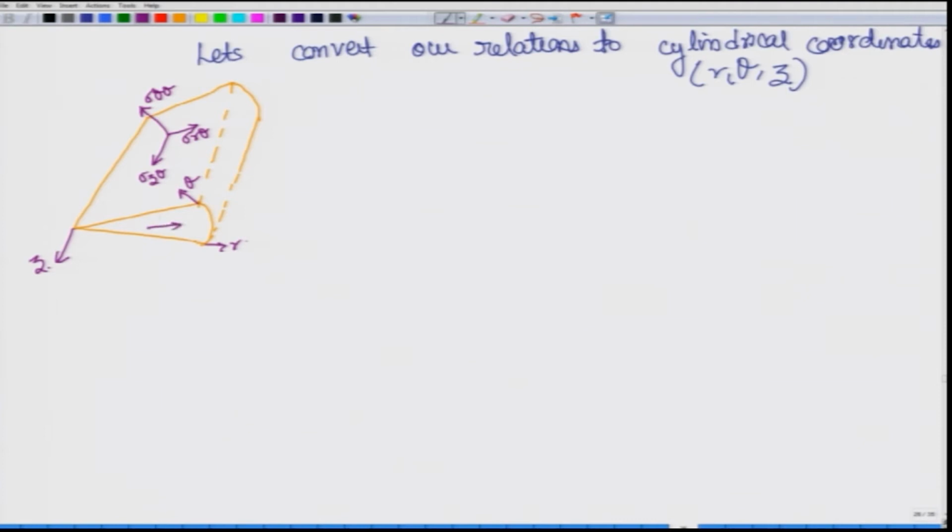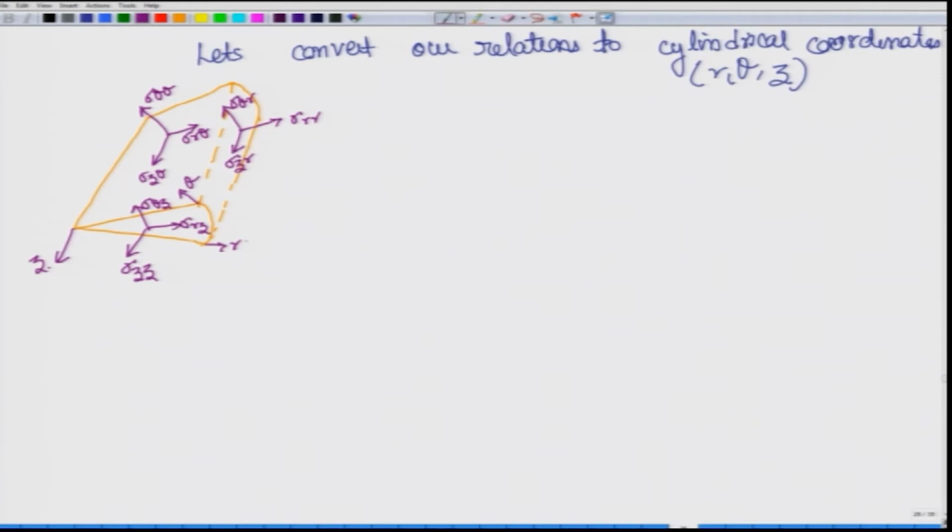So, here this will become sigma z z, this will become sigma r z, this will become sigma theta z. Now, this is the r face. Over here the 3 components are with respect to the r face. So, this is the normal sigma r r, this is shear sigma theta r, this is sigma z r.